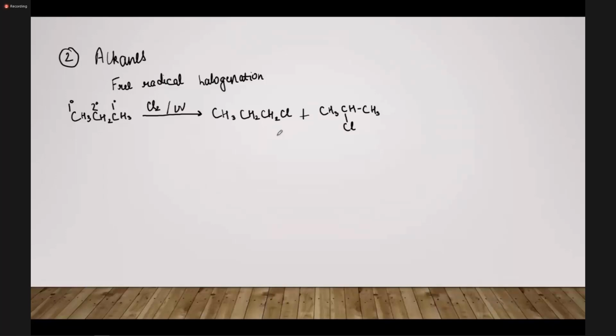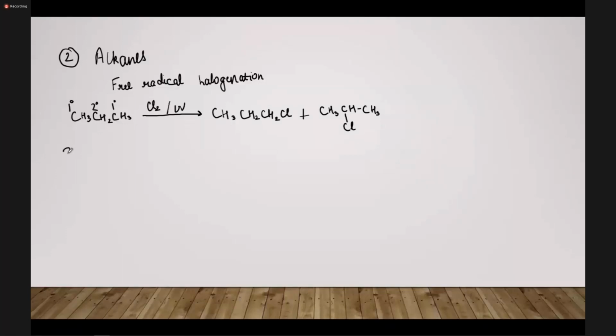Because if we need one kind of alkyl halide only, then we need to separate that alkyl halide from the remaining isomers, which is again a problem. They are not easily separable. So that is why this method is not preferred.